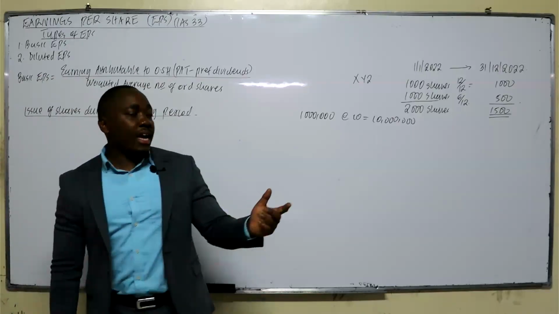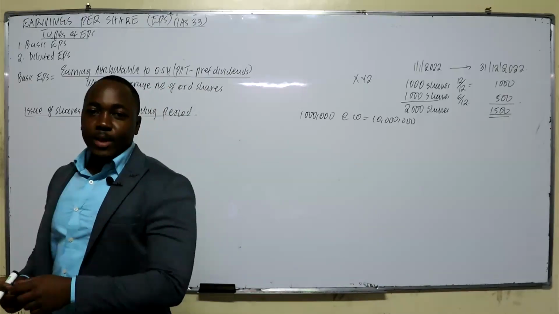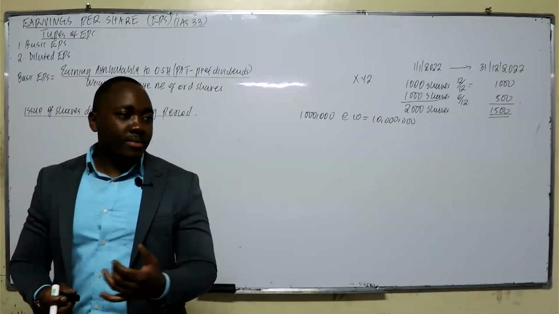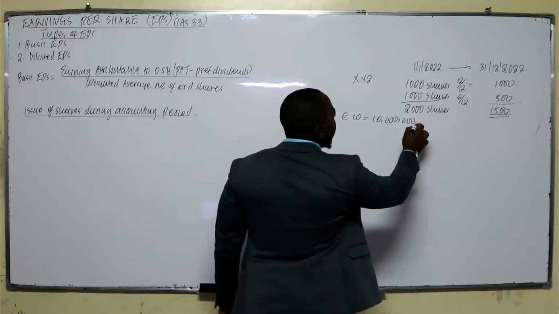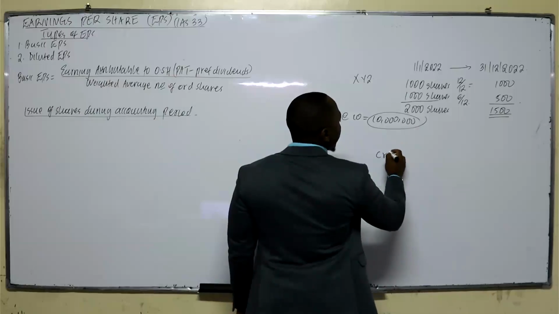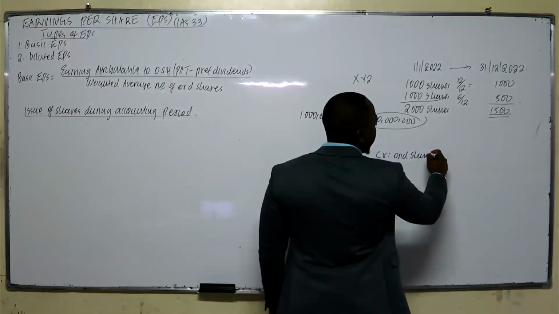But in this case, the company has issued shares but received nothing. So you cannot debit the cash, but the equity has increased. The ordinary share capital will increase by 10 million, so you credit the ordinary shares.